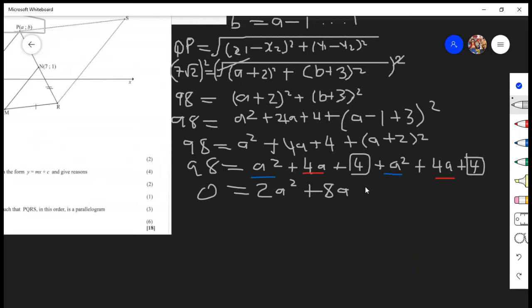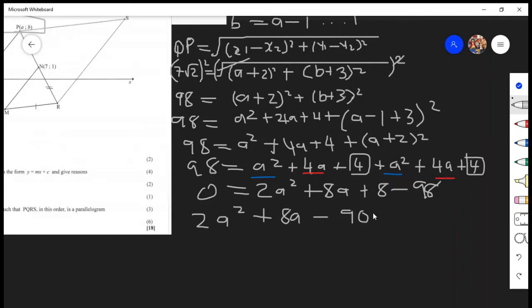And remember our 98 from the left, when we transpose it to the right, we'd have minus 98. Then we have 2a squared plus 8a minus 90 is equal to 0.